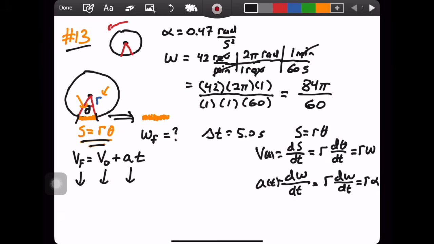Let's go back to my equation here on the left where I want to figure out what the final angular velocity is. I start with the linear equation, and so now I can just say that, well, this v final must correspond to r omega f. This v naught must correspond to r omega naught.